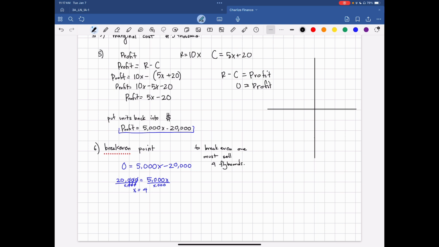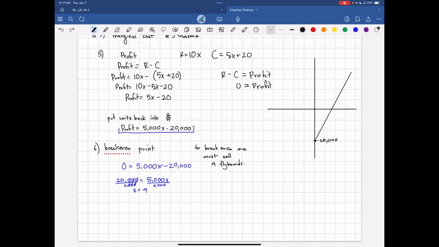Let's say negative 20,000 is here, and you're slowly going up until you get to that intersection.